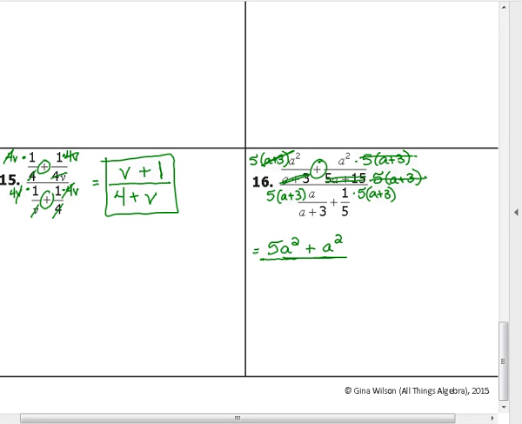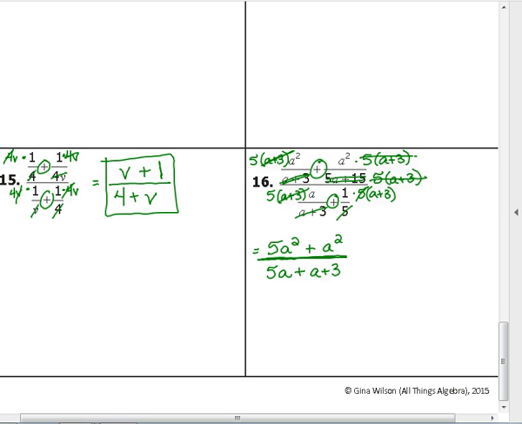I got rid of all of them, so now I'm moving on to the big denominator. For the first term, the a plus 3's cancel, so I've just got 5 times a, plus, for the second one, the 5's cancel, and I'm just multiplying 1 times a plus 3, so multiplying by 1 doesn't change anything. I'm just going to drop my parentheses.